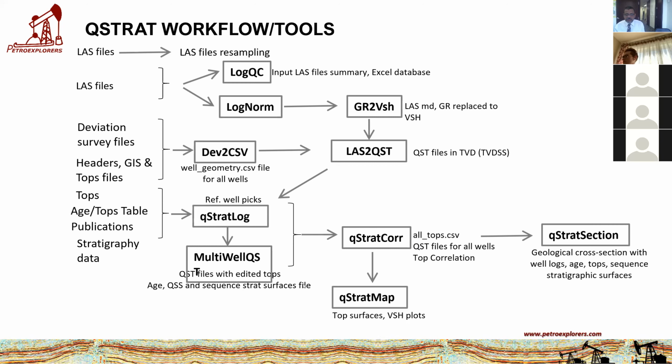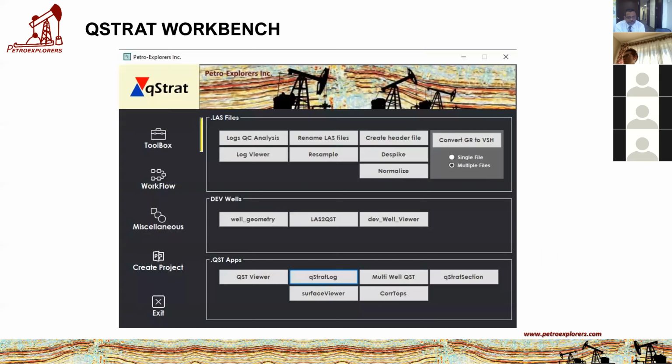It can output interpreted logs with tops, and then whole sections and maps, so cross sections and maps, which is the whole workflow I will go through during this talk.